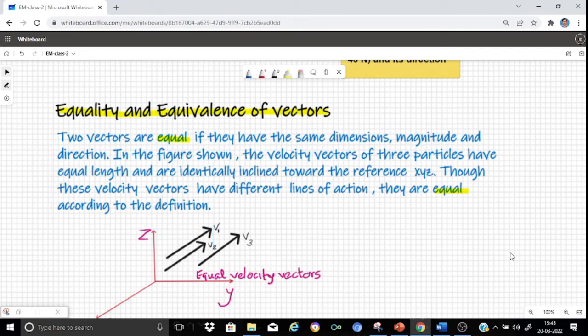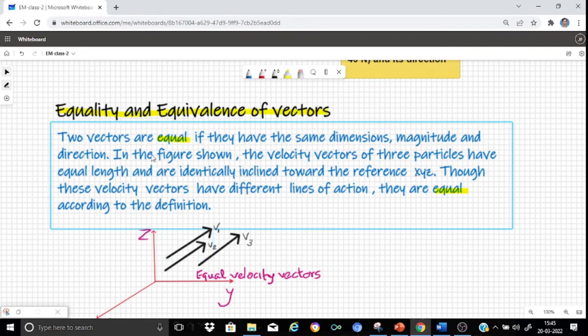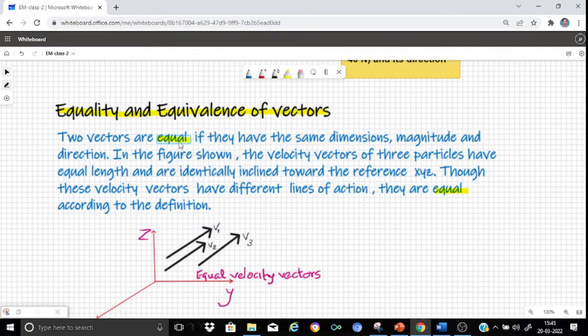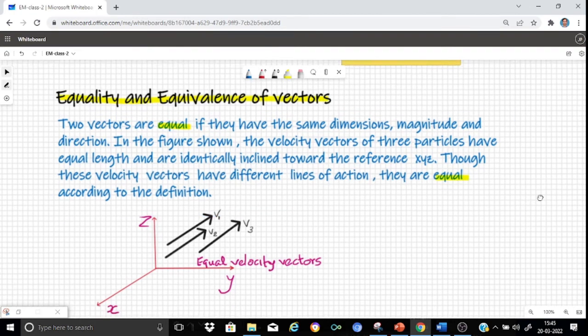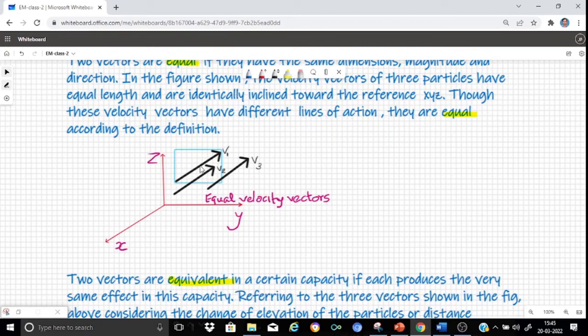Now, to explain the term equal, I have considered the velocity vectors associated with three particles. Here I have a particle, and its velocity is indicated by vector v1. I have a second particle here, and its velocity vector is indicated by v2. And I have a third particle, whose velocity is represented by the vector v3.